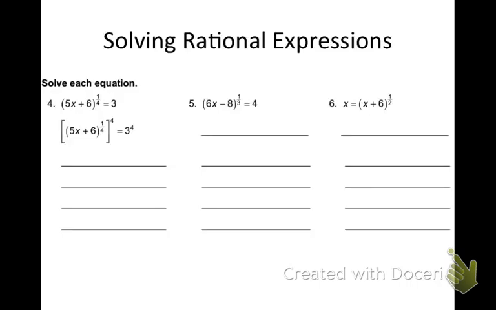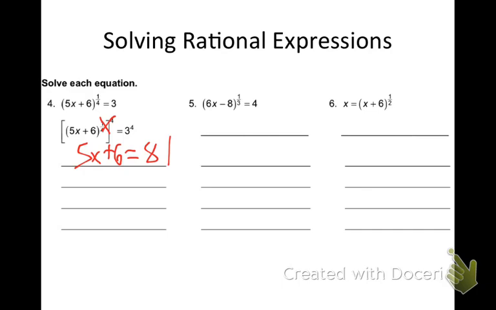So number 4 here, I have 5x plus 6 to the 1/4 power equals 3. Notice, they took both sides to the 4th power. So those cancel out, giving me 5x plus 6 equals 3 to the 4th power, which is what, anybody? 81.